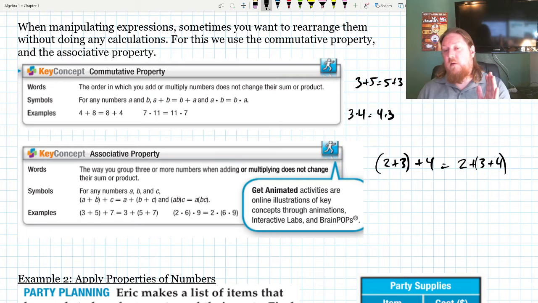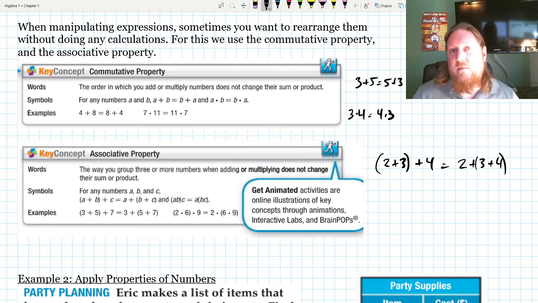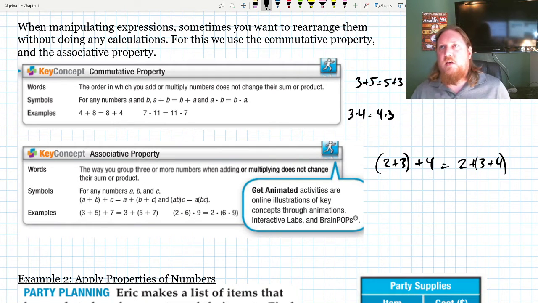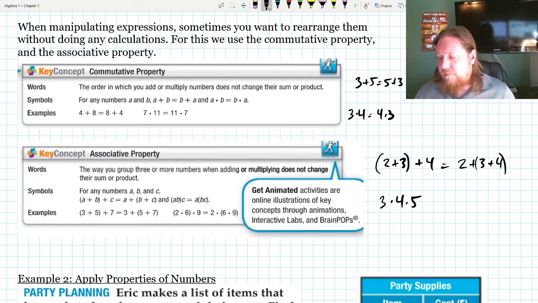So the associative property lets you just say, if you have multiple additions in a row, or multiple multiplications, you can decide which one you get to do first, which is nice because sometimes it's convenient to multiply some numbers instead of others. For example, let's do 3 times 4 times 5.